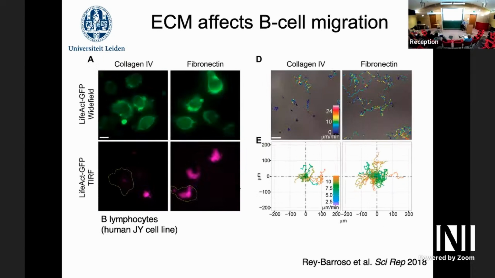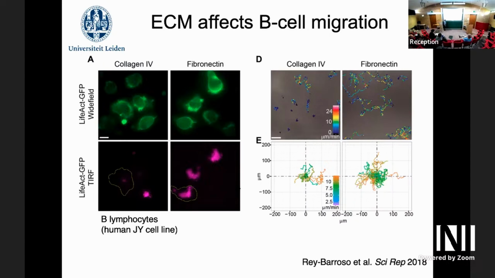So let me start off with a really simple description of the extracellular matrix, which we introduce to try and understand how the ECM can influence migration patterns of cells. This is an example by our collaborators, and this was also done at the University of Toulouse, where they found that a B cell line shows different migration patterns depending on the substrate it is on.